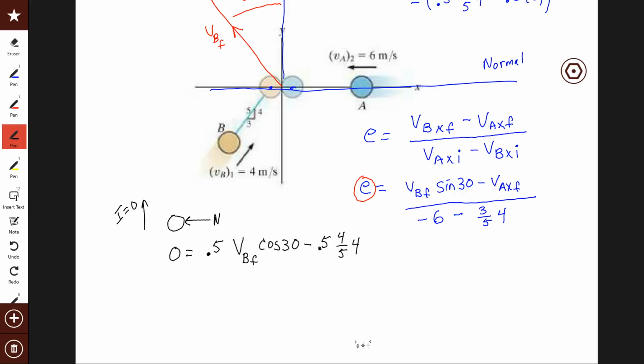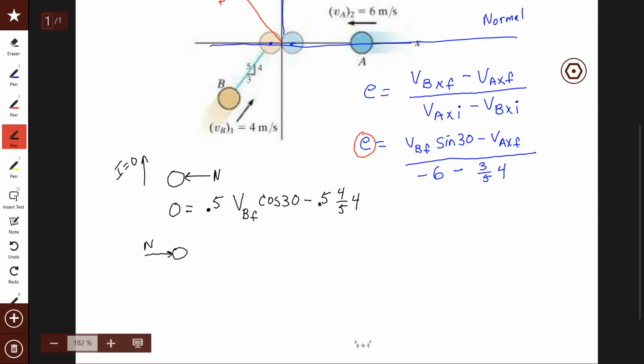Just for kicks, you can do A as well. I mean, we have enough equations now, but if you apply A, here's the free body diagram of A. It has this big, massive impulsive force only in the x direction because it's a normal force. And so that means that there's no impulse in the vertical. So you can write an equation for that and say 0 impulse in the vertical equals change in momentum of A in the vertical.